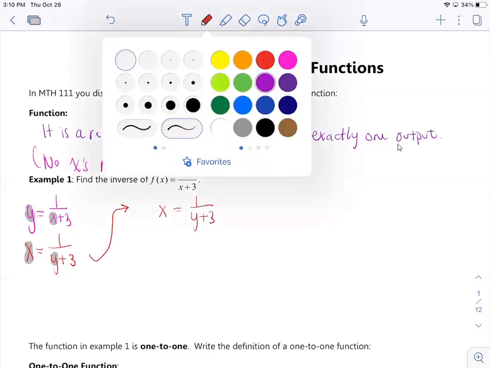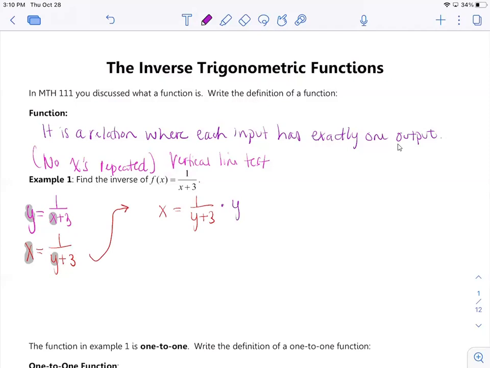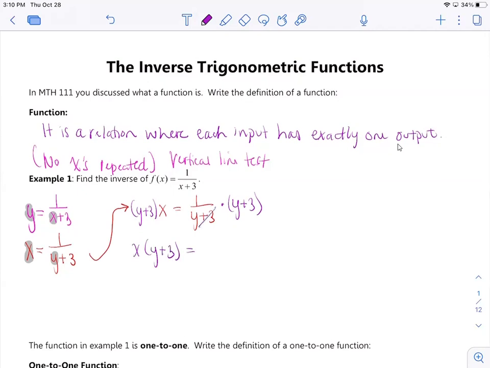I need to go ahead and multiply both sides by that denominator. So now I get x times y plus 3 equals, these reduce out and we get 1. Now there's a couple ways you can do this.